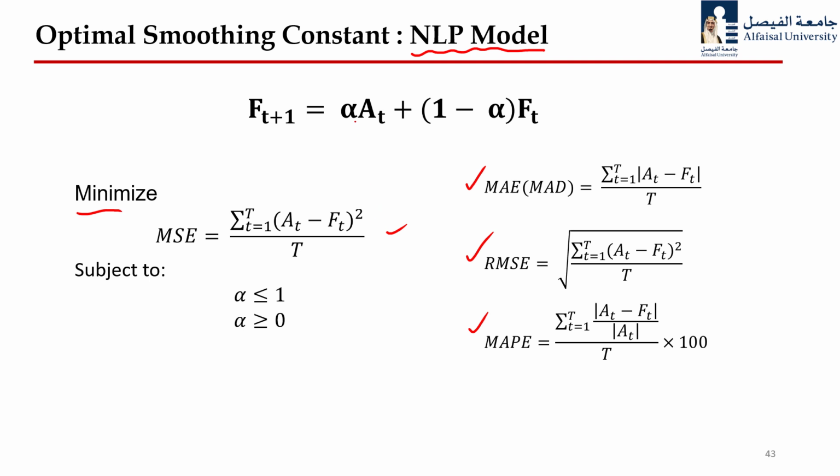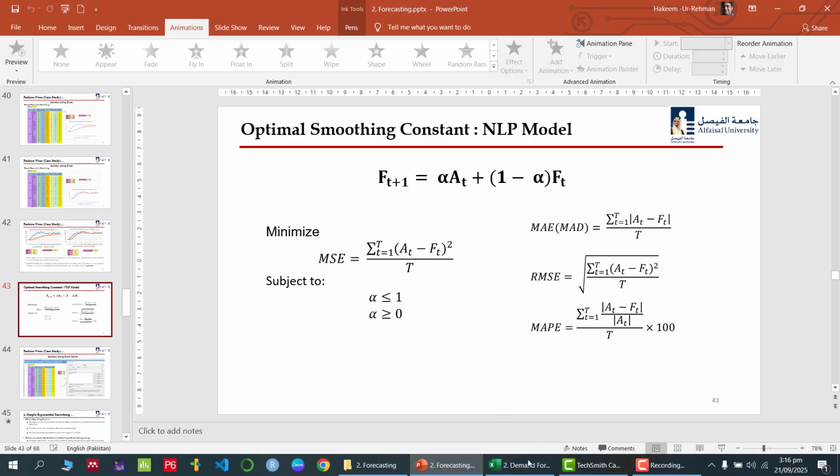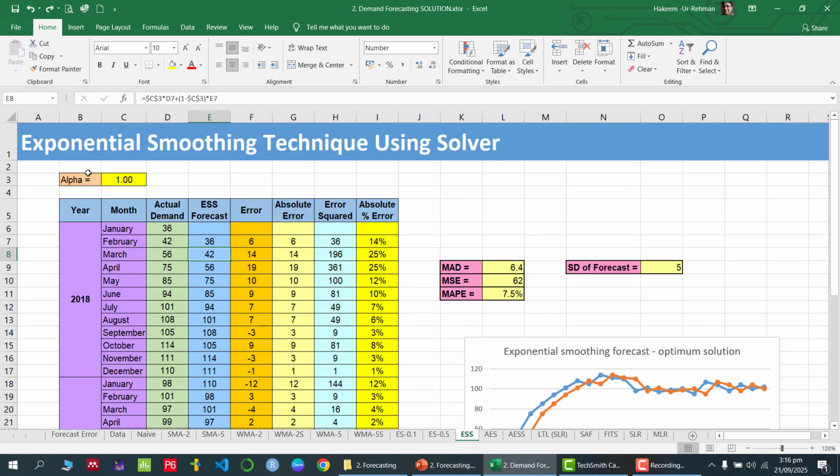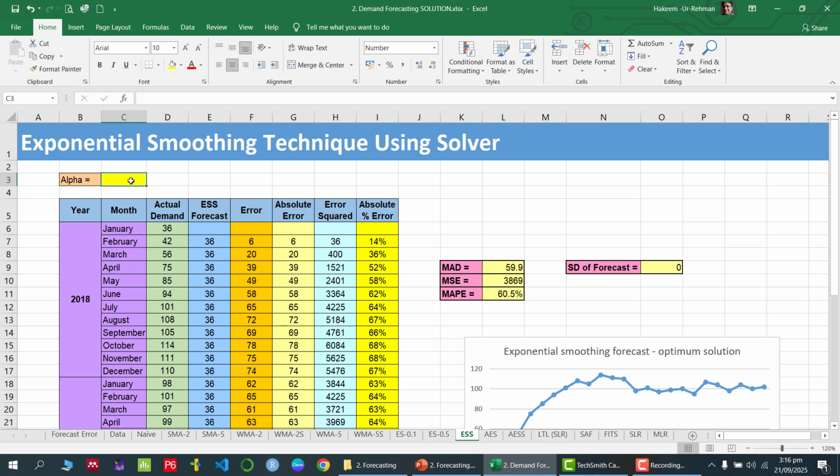And the alpha value should be less than or equal to one, and it should be non-negative. By applying this, how can we find the best optimum alpha value in order to minimize these forecast error values? For that, let me make it zero.